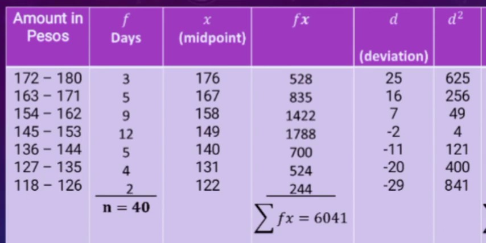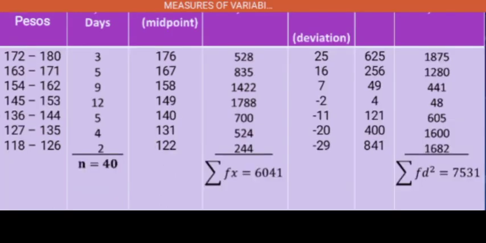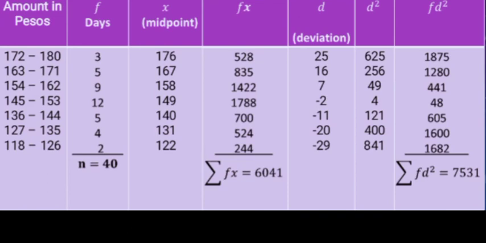So we are now ready to find fd squared. We are now close in our formula. In finding fd squared, we are just going to multiply the frequency by the squared deviation.